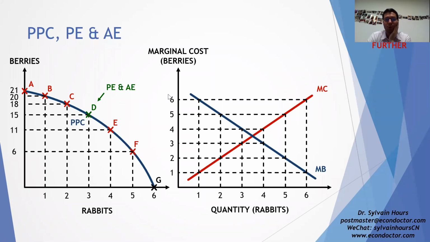I don't want to say something that is not correct, but I would say intuitively that if you have a marginal cost of production that is always increasing, and if you have a marginal benefit of consumption that is always decreasing, then I'm pretty sure that among all the possible points on the PPC, all of them being productively efficient, only one of them will be allocatively efficient.